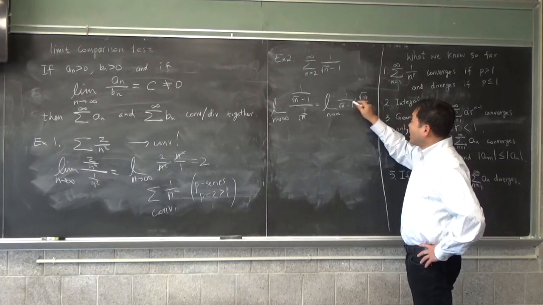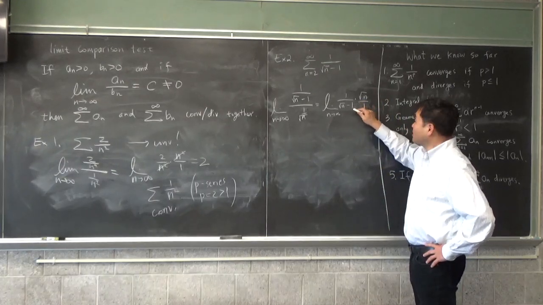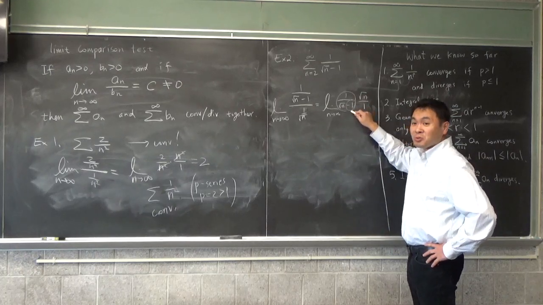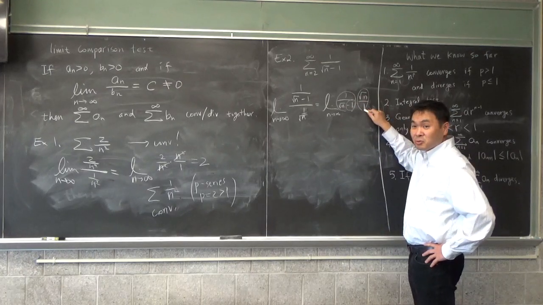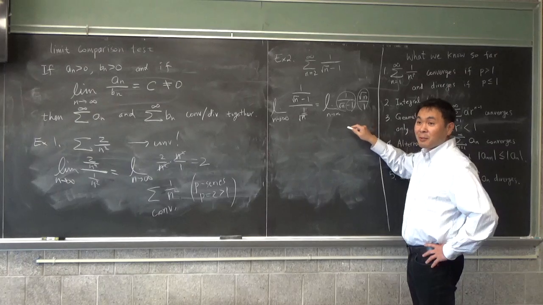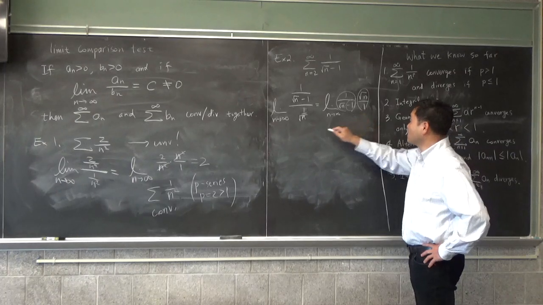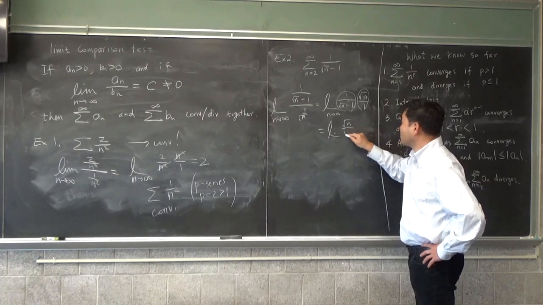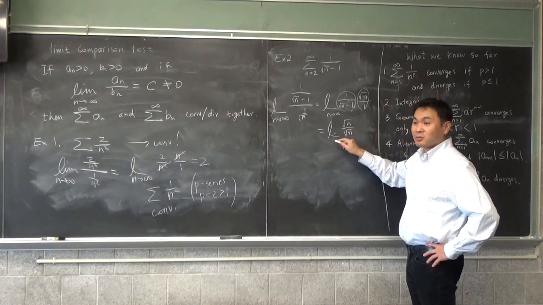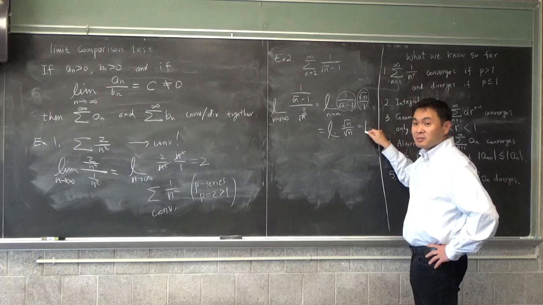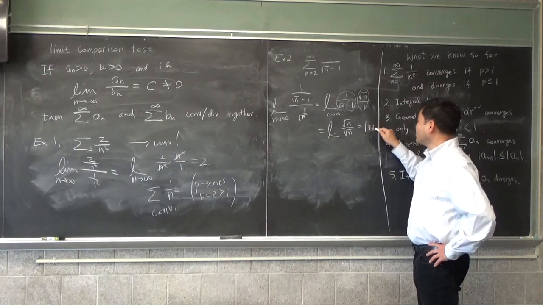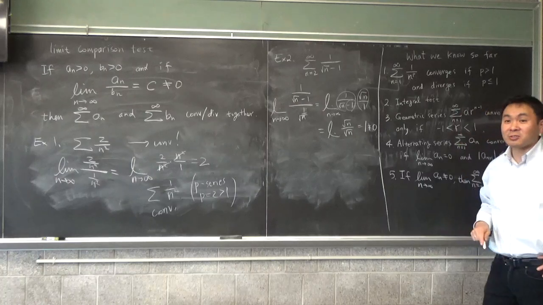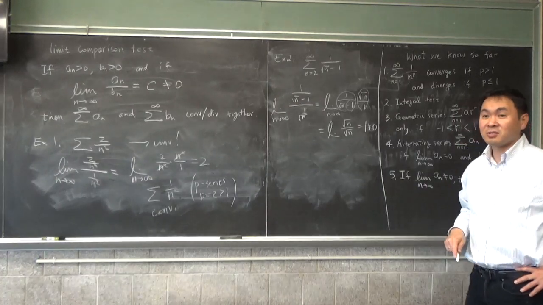And when n is really, really big, this minus 1 doesn't do much, right? So this is more like 1 over square root of n, times square root of n over 1. So the limit is like square root of n over square root of n. So that's 1, which is not 0. If it's 0, then we can't make such a conclusion.